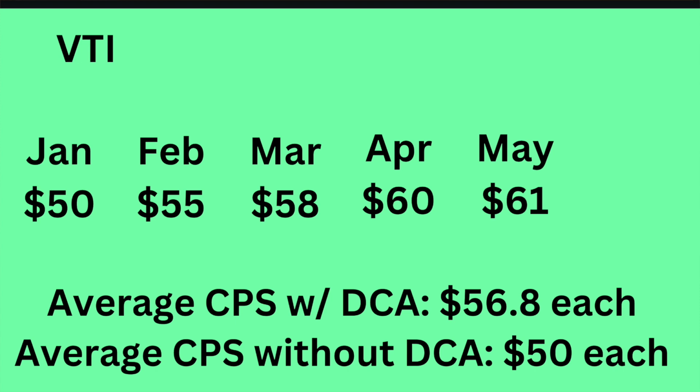Buying with dollar cost averaging, your average cost per share would be about $56.80. And if you just bought all in the beginning, your average cost per share would be $50. In this example, dollar cost averaging made you lose some profits. So that is the trade-off with dollar cost averaging. You are potentially losing some profits, but you give yourself a lot more security and give yourself the potential to make profits from a dip in the market.